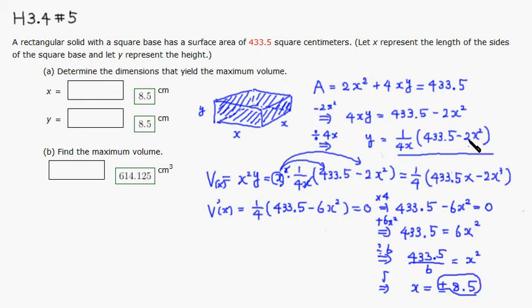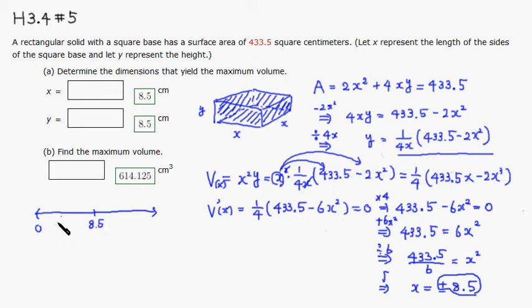Let's make sure that it gives you the maximum volume by looking at the sign of the derivative. So let's do a number line here. x has to be a positive number, so 0, then the critical number happens to be 8.5.